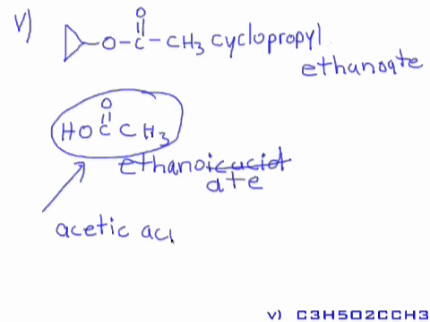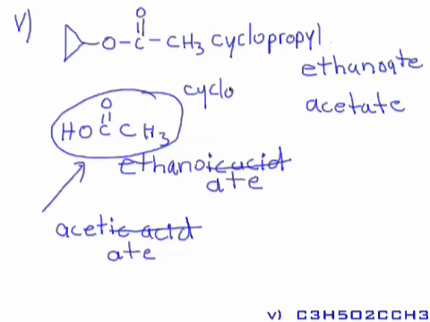Now, if you do the same function for esters, that is, drop the ic acid and add ATE, instead of ethanoate, you'd get acetate. With the cyclopropyl in front, you end up with cyclopropyl acetate.